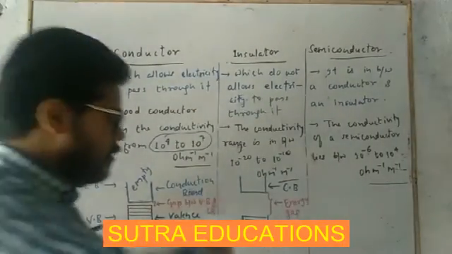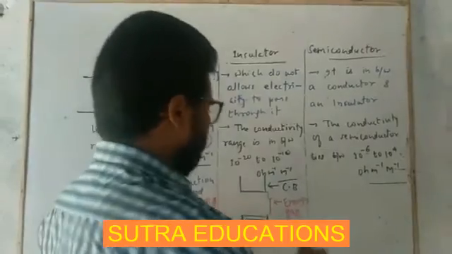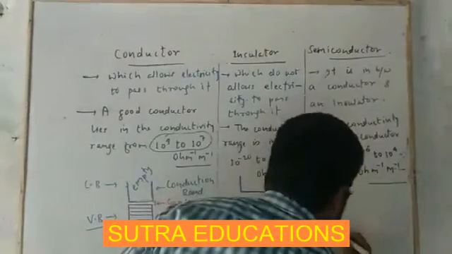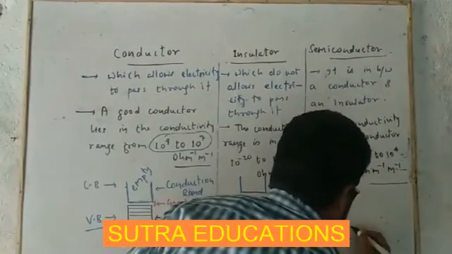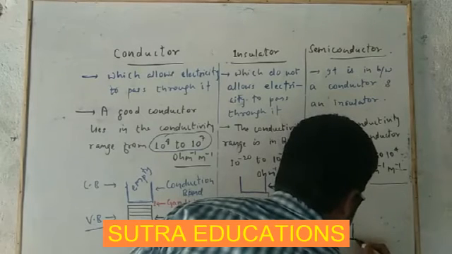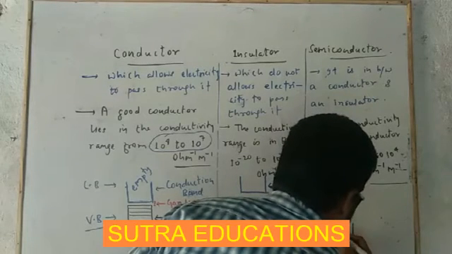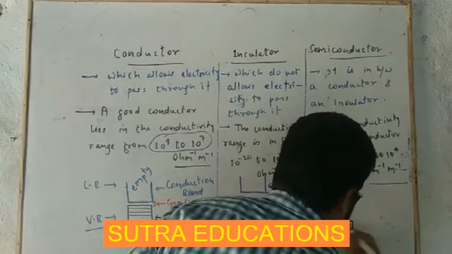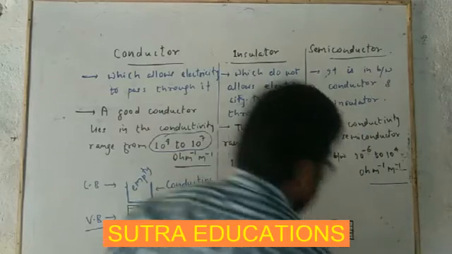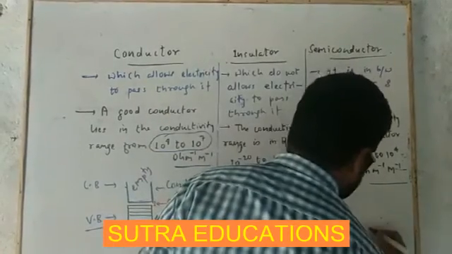Now come to in case of semiconductors. So say this is valence band. Again I told you if it is valence band then it is occupied, means electrons are present.